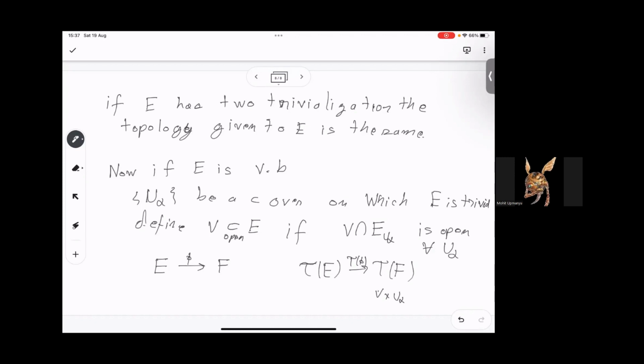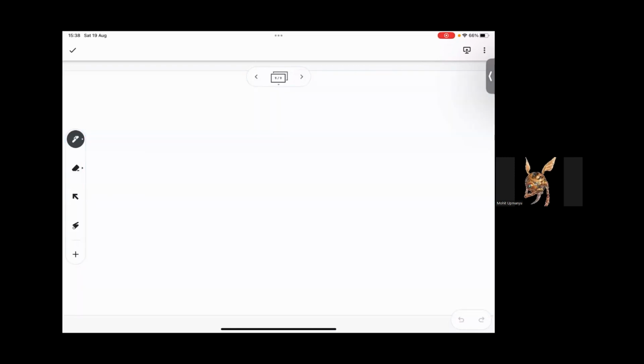The topology that we have given is continuous, right? So therefore, the mapping is already continuous, and so we have successfully extended the functor to the category of vector bundles. Basically, from vector spaces, we have successfully extended the functor to all vector bundles over X.